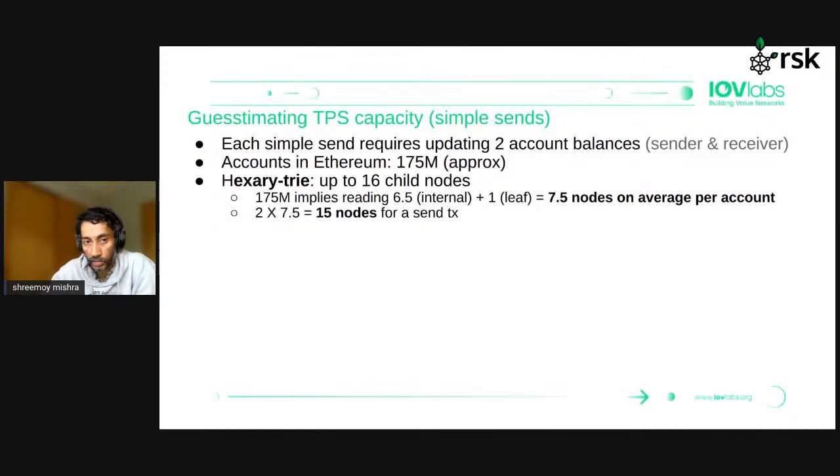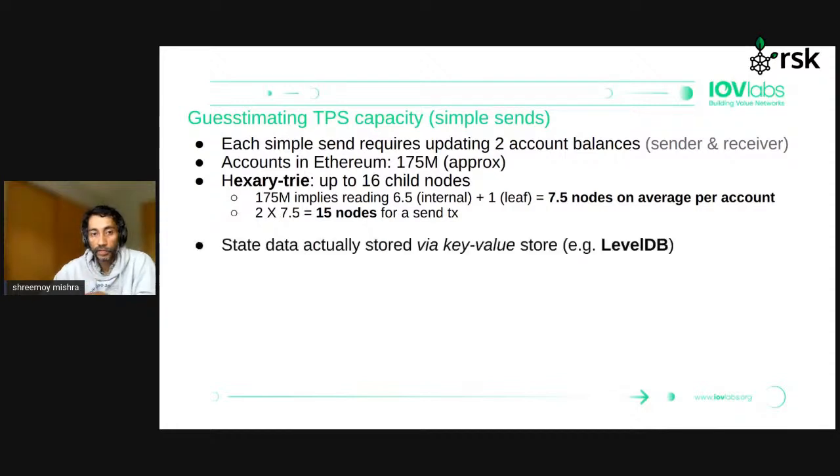Going forward, these trie structures are really in the computer's RAM. They're not how they're stored eventually on disk. Ultimately, on disk, they are stored through a key value data store, like LevelDB, which is the one used in Geth and also in RSK. And so when you go from these 15 nodes to storing the information in binary on the disk, LevelDB adds about 7 more layers of computations.